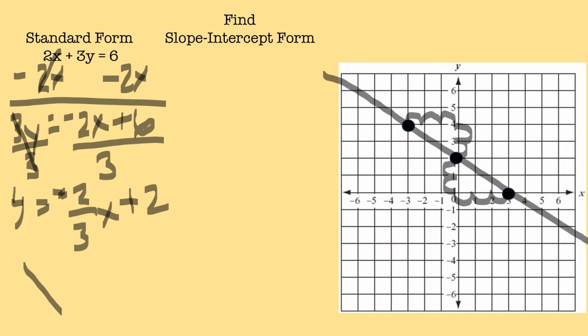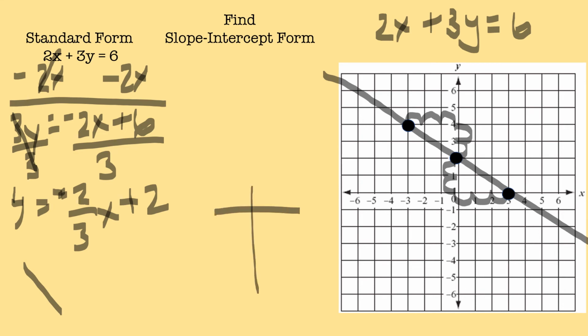Now, let's say you have our standard form, which is 2x plus 3y is equal to 6. You can also create a table and find the two intercepts.